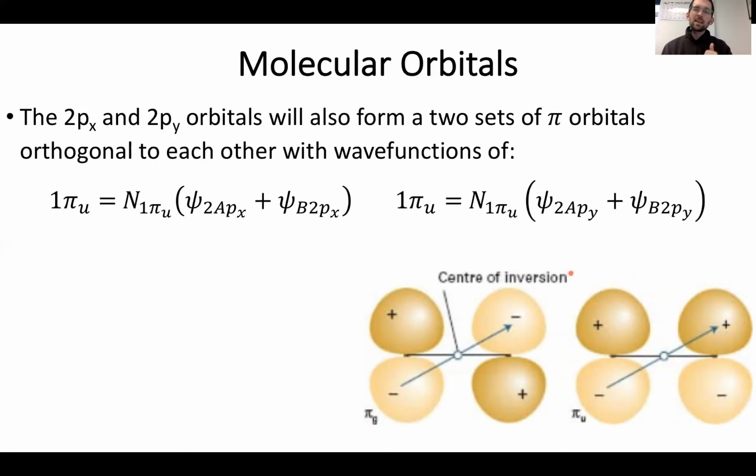In this case, it gets a little bit messy, because all of my positive amplitude is on one side of the molecule and all my negative on the other. This means if I try and project a point through the center, it stays the same magnitude, flip sign. Our bonding pi orbitals have ungerade symmetry, so we're going to represent it with pi u. So again, something to watch out for.